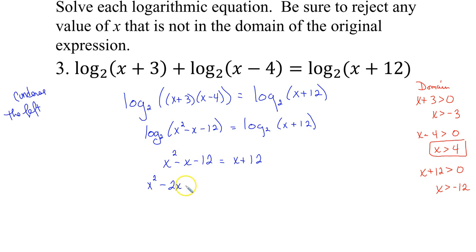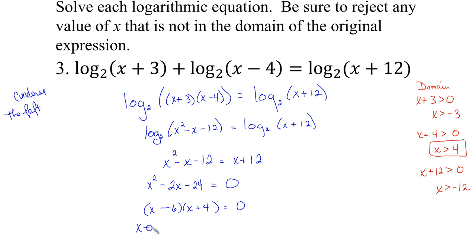Subtracting 12 from both sides gives me minus 24, and this is equal to 0. X squared minus 2x minus 24 will factor, and it will factor into two parentheses. That is going to be x minus 6 and x plus 4. That product does give me negative 24 at the end and negative 2 in the middle.